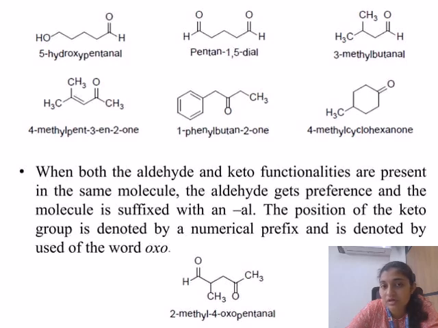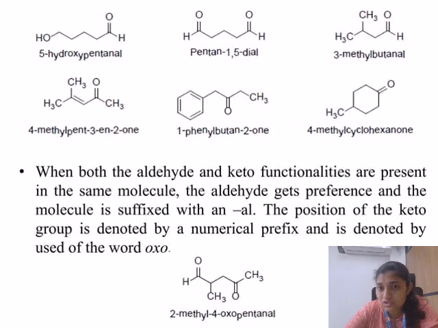So that's why we are referring to it as pentane-1,5-dial, as it contains two aldehyde groups in one structure. That's why we call it di, and al represents the aldehyde. So two aldehydes are there in the structure, that's why we call it dial. 1,5 represents the position of the aldehyde groups.